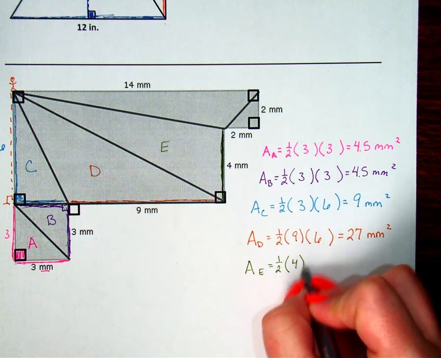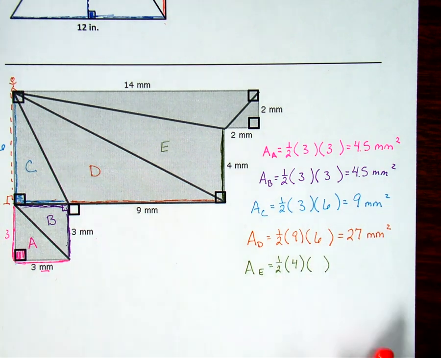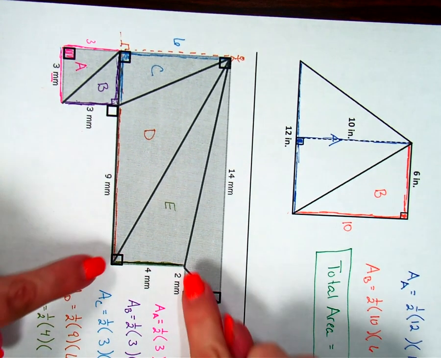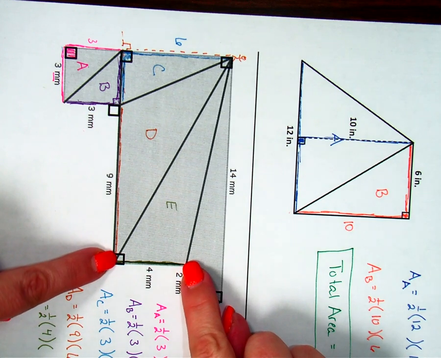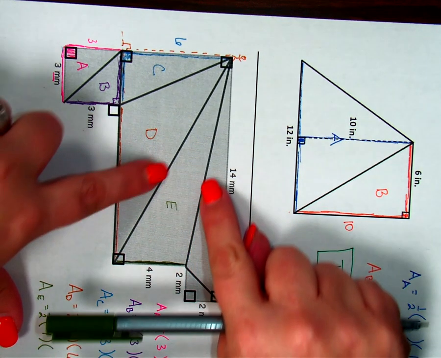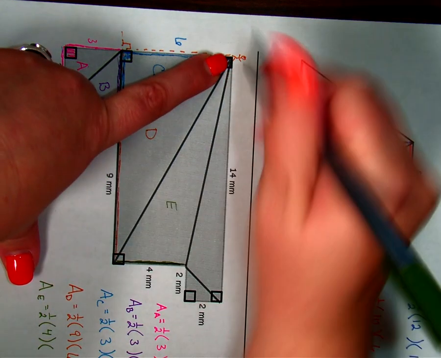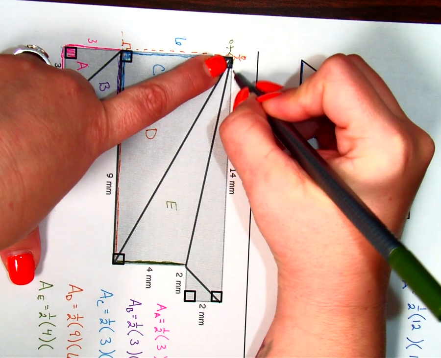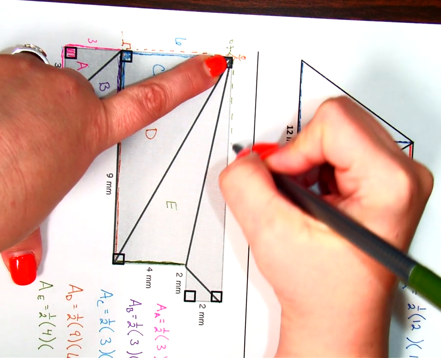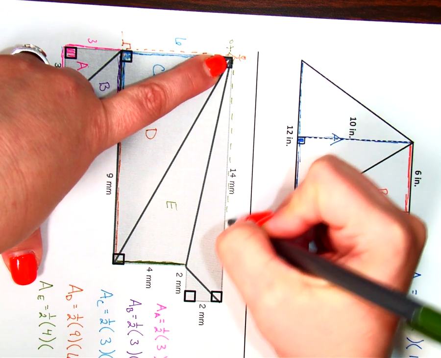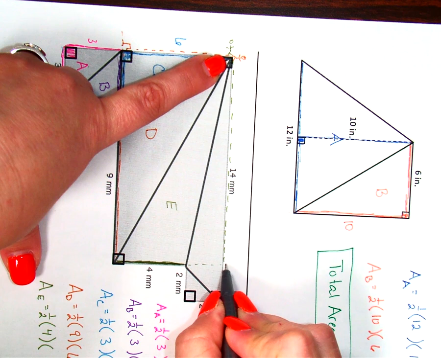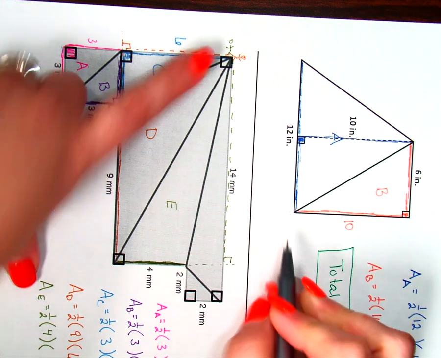We're going to use that 4, and we need to figure out what is the length that hits that at a 90-degree angle. So I'm going to turn it sideways so we can try to figure that out. If I turn this sideways and I put my fingers at the ends of the side that I know, and I go up to the other side, so now I'm standing here, and I'm going to drop something straight down. How far does it have to go before it's even with the base of triangle E?